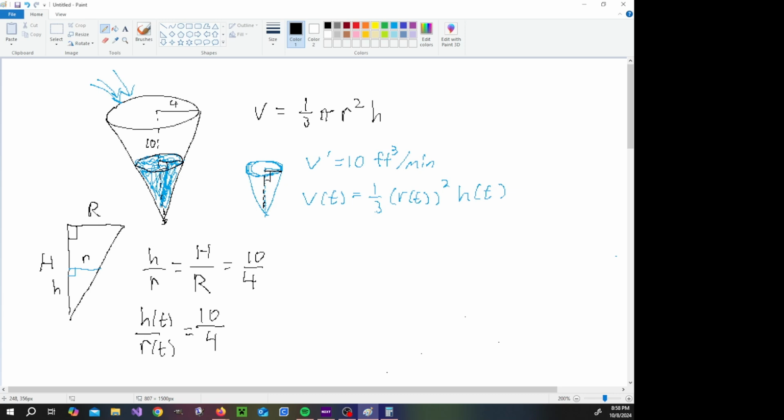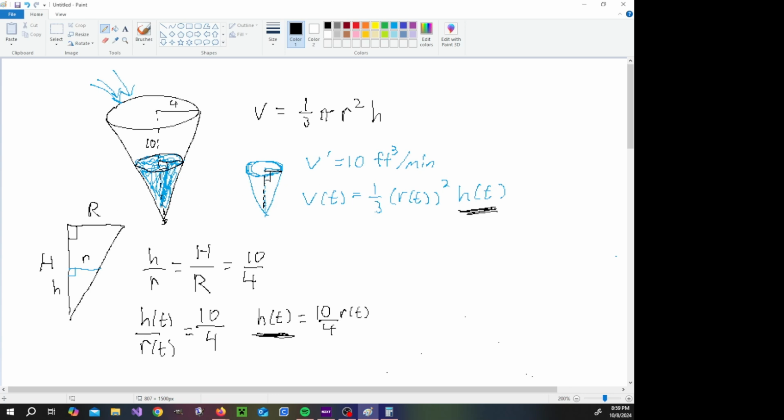However, we should be conscious about how we end up doing this replacement. If I write h of t is equal to 10 r of t over 4, or 10/4 times r of t, then I am going to replace h of t in this function and only end up with things in terms of r.